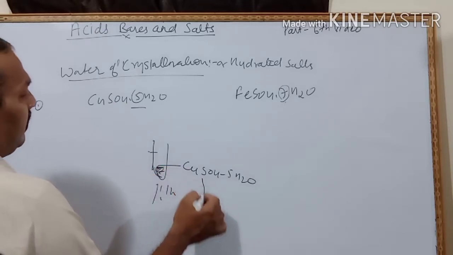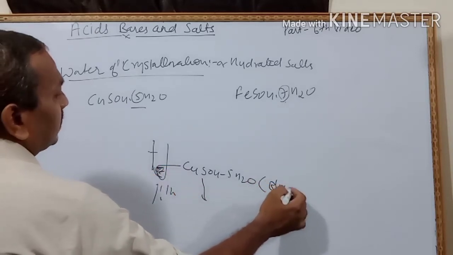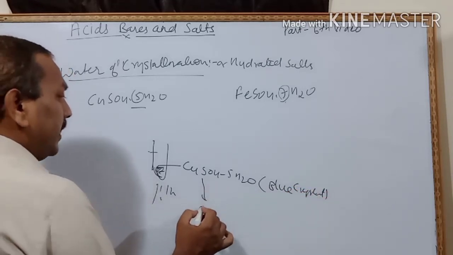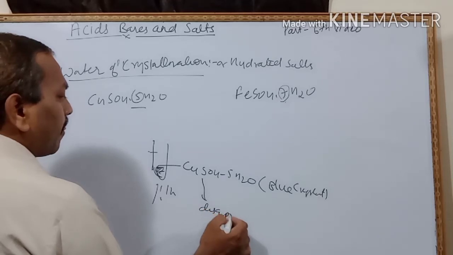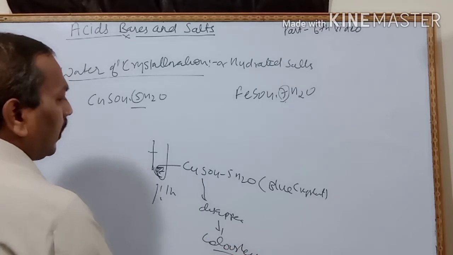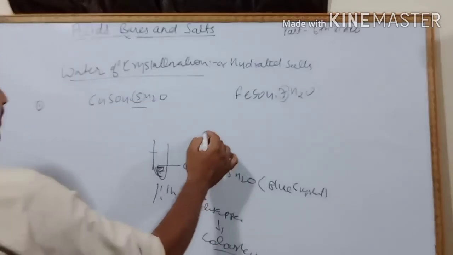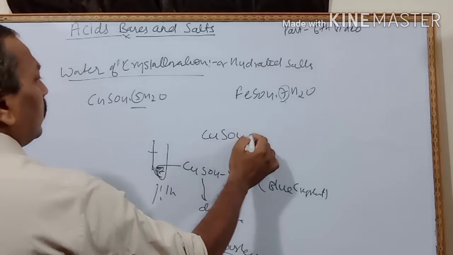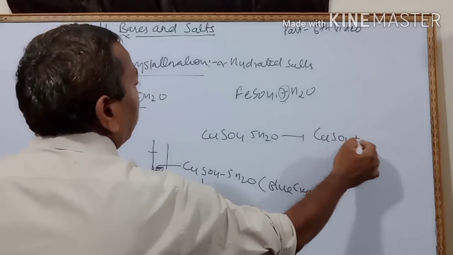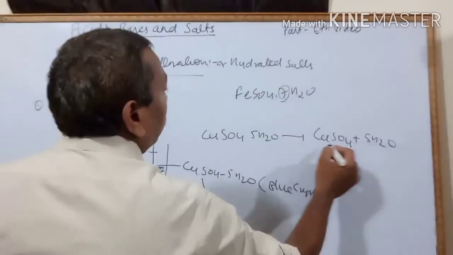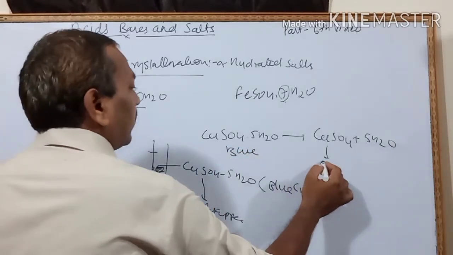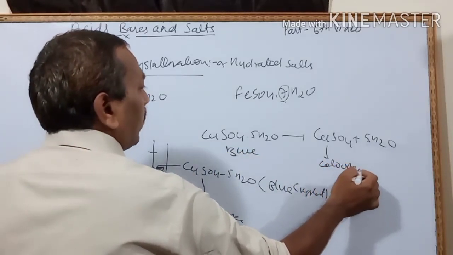After some time we will see this blue crystal disappears and it becomes colorless. So see, why? Here is the chemical reaction: CuSO4·5H2O gives CuSO4 plus 5H2O. This is blue in color, and this is colorless, white. So this is one.